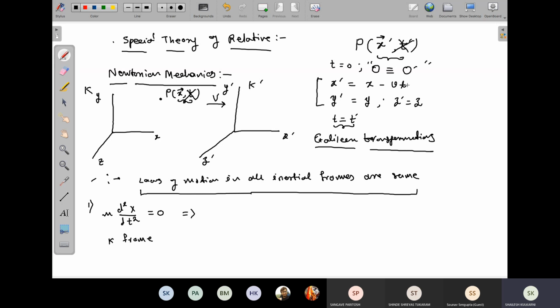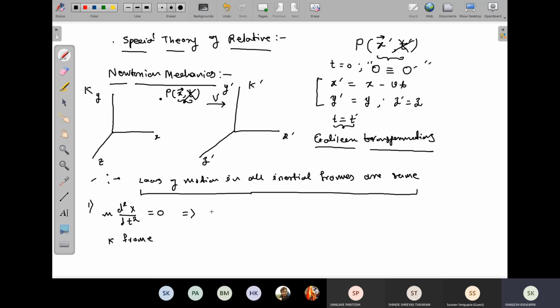From the transformation you can find the inverse. If this transformation takes you from K to K prime, then obviously the transformation which takes you from K prime to K is x equal to x prime plus vt, y equal to y prime, z equal to z prime, and t remains the same, so you can replace t by t prime. Substitute this for x.